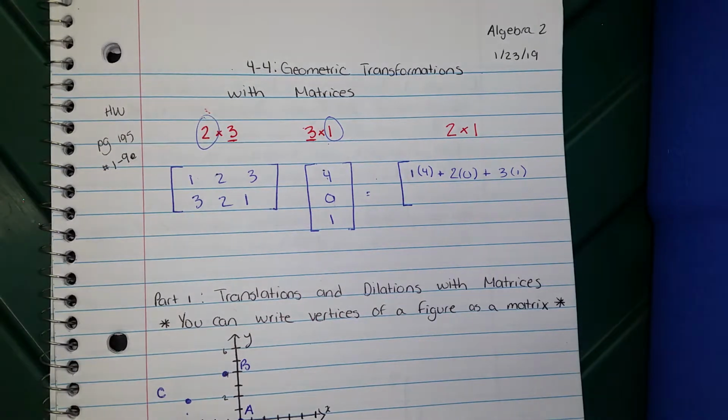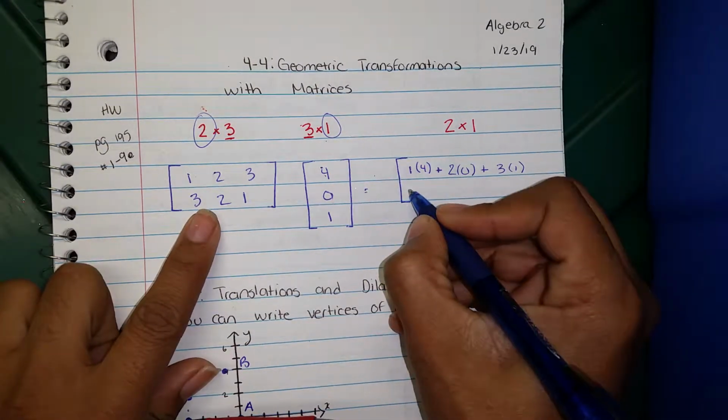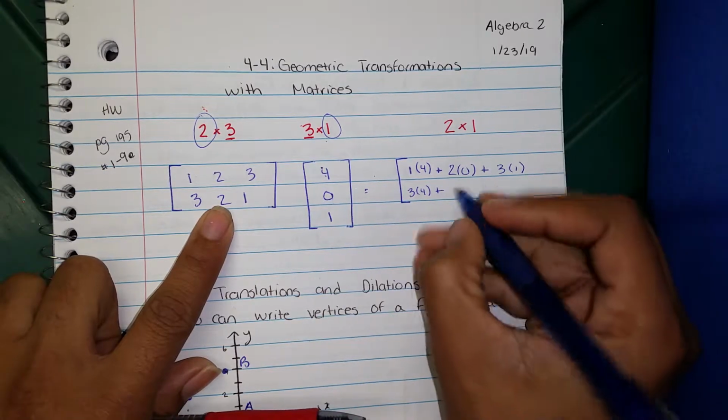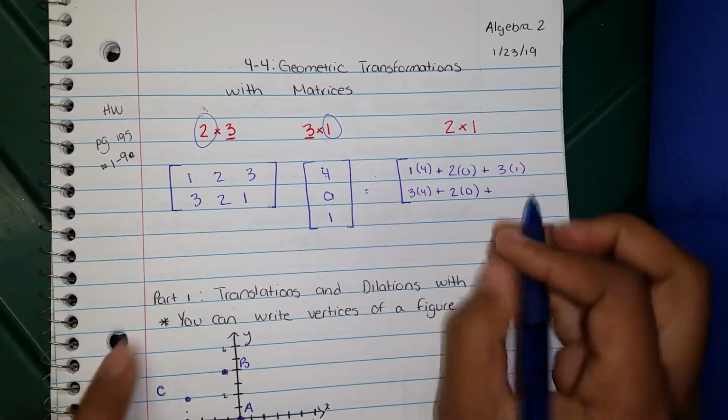And we're going to do the same thing for the next row. So it'll be 3 times 4 plus 2 times 0. Make sure you don't lose track of the numbers, plus 1 times 1.